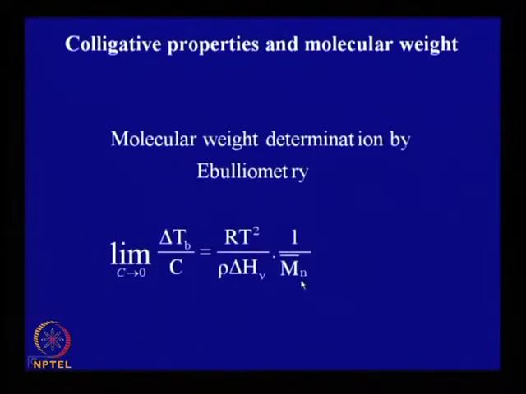So, these techniques of ebulliometry, cryoscopy and osmometry can provide you number average molecular weights of samples. Sometimes, if we have a vapor pressure osmometer, with the help of vapor pressure osmometer one can determine the number average molecular weight of a polymer sample. Other than this, there are techniques like ultracentrifugation.